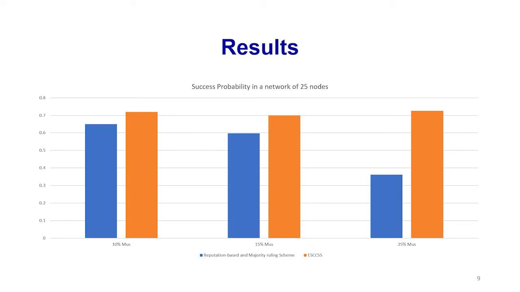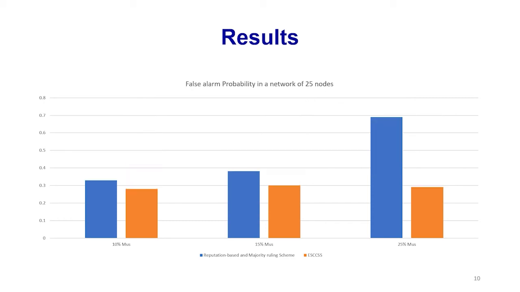Even in this metric, we can deduce from the graph projected here that ESCCSS outperforms the reputation-based and majority ruling scheme. And we looked at the false alarm probability, where as well it is evident that ESCCSS outperforms the reputation-based and majority ruling scheme.